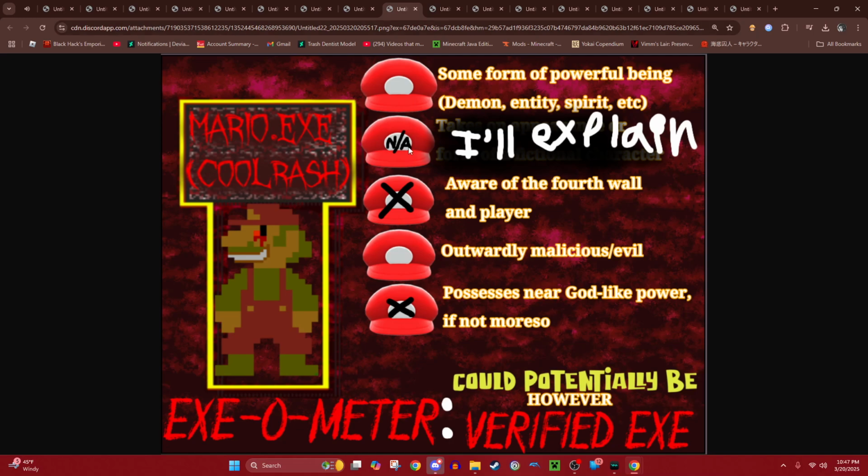Now it has. So, first off, I mentioned how, unless it's an outside influence that we consider to be the EXE in question, taking control of the body of the person, of the character, then they aren't one.